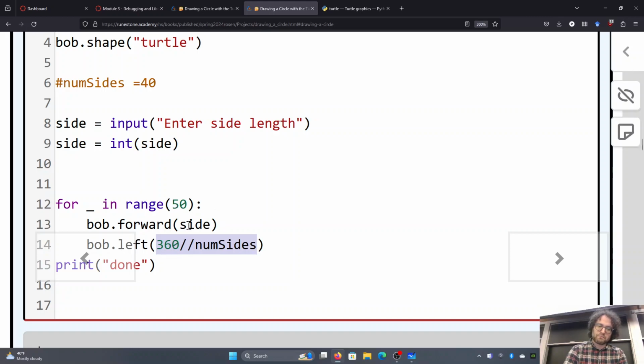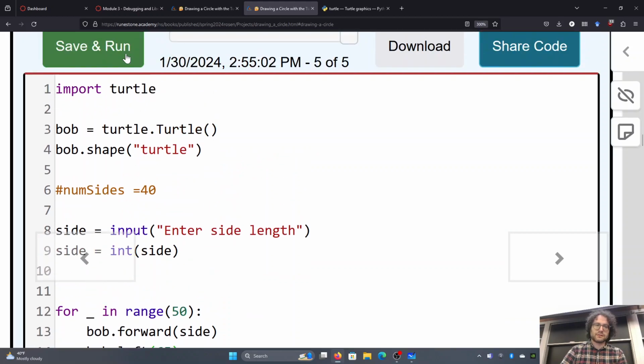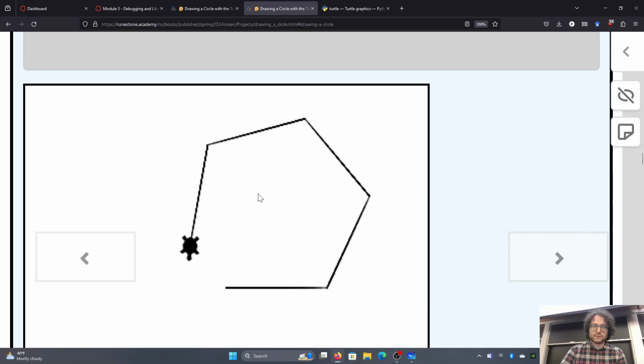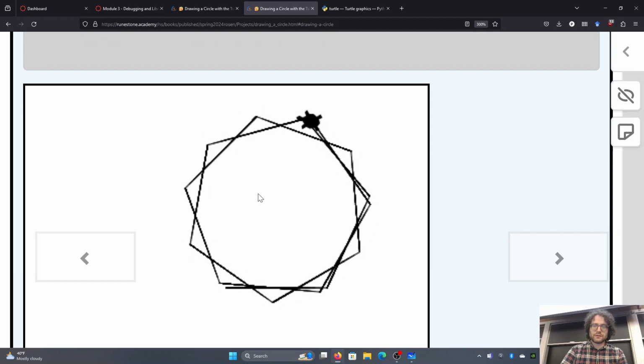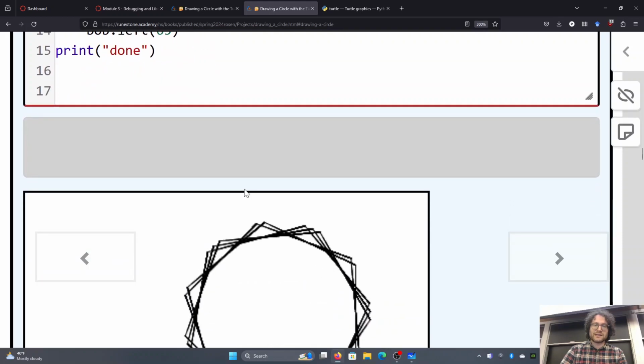So what if I did something along the lines of this? It's always fun to experiment and see things. So I did 65 degrees rather than 60.